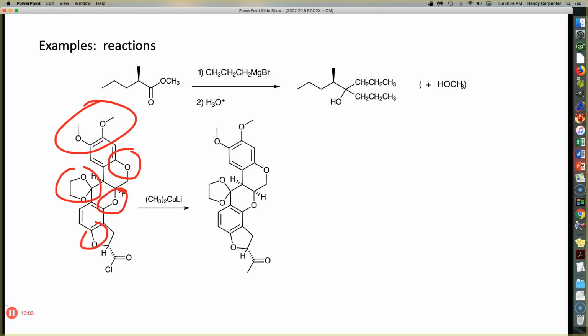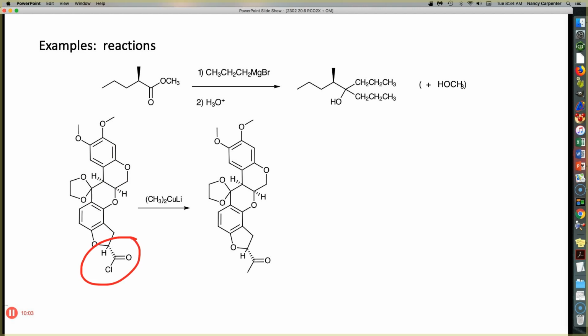Ethers just don't do anything, and you know acetals are stable to base. So apparently my cuprate will be reacting with the acid chloride to put the methyl group, boom, right here. In other words, the cuprate is my friend, it's special, and it can do the up, down, out only once and stop at the ketone stage. Very helpful.